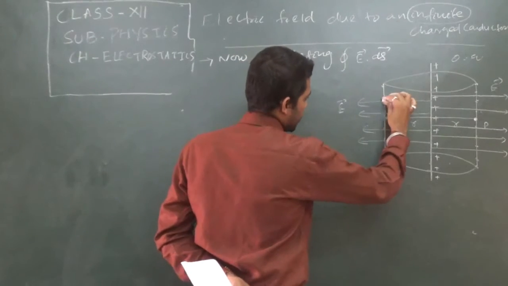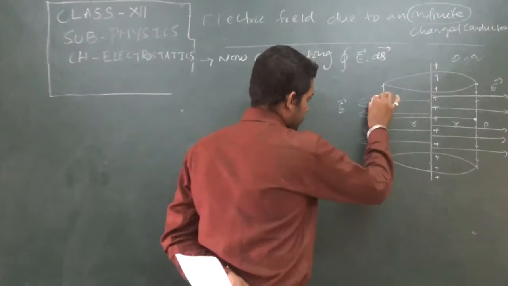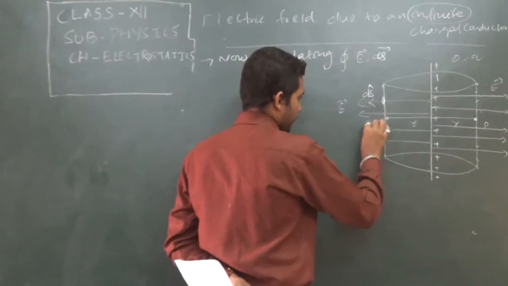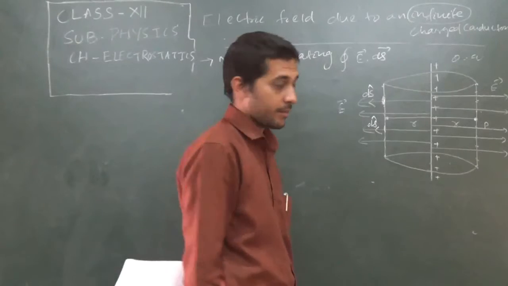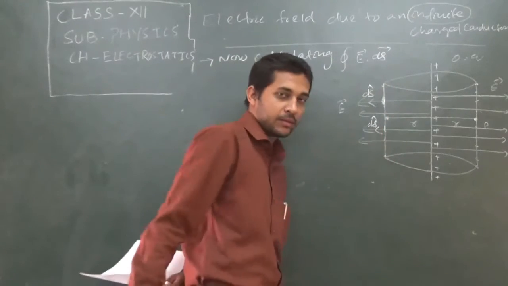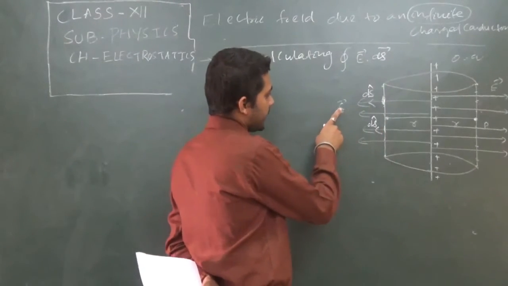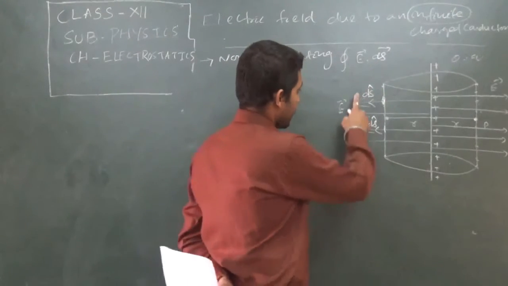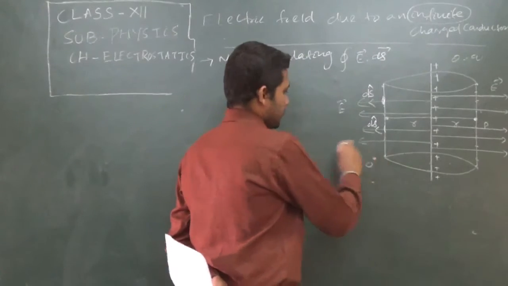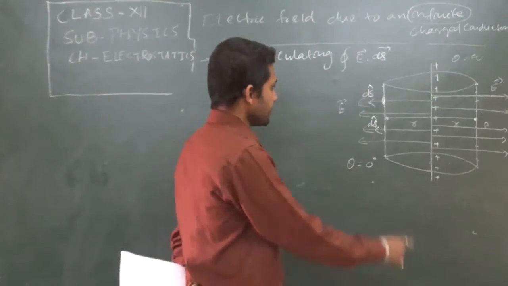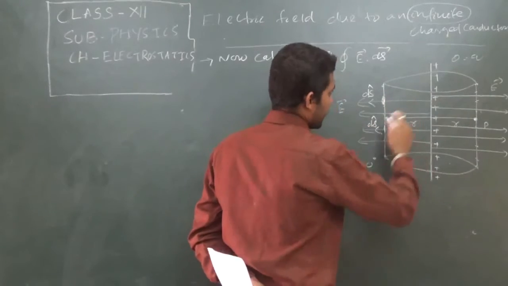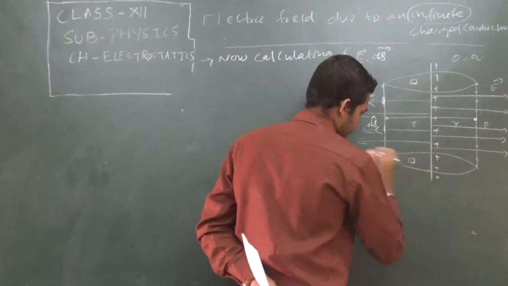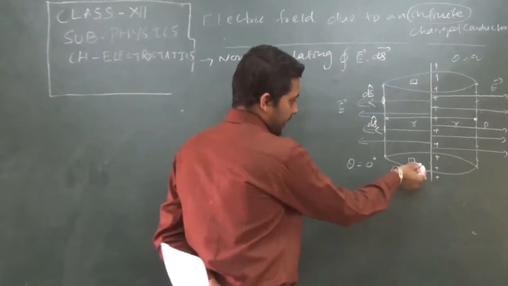Then we will see the area vector will always come out. So this is the area vector, let us say ds cap. Here if we consider, this will also come out like this. This will be your ds cap. So everywhere you will find that the angle between the electric field and the area vector of ds area is always theta equals 0 degree. Got this one? These are for the curved one. Here let us consider any region, let us say this is the area. So what will happen?